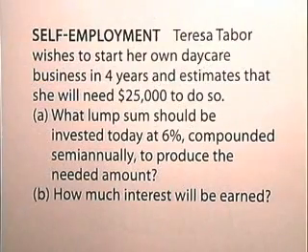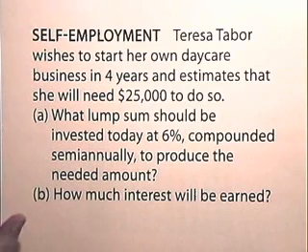Teresa Tabor wishes to start her own daycare business in 4 years and estimates that she will need $25,000 to do so. What lump sum should be invested today at 6% compounded semi-annually to produce the needed amount, and how much interest will be earned?